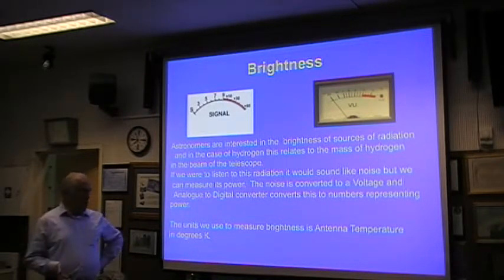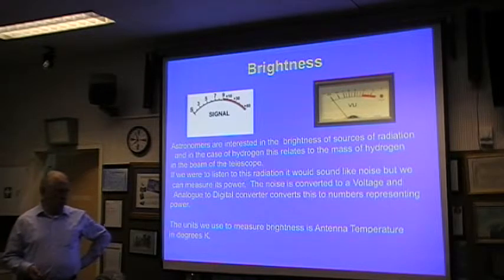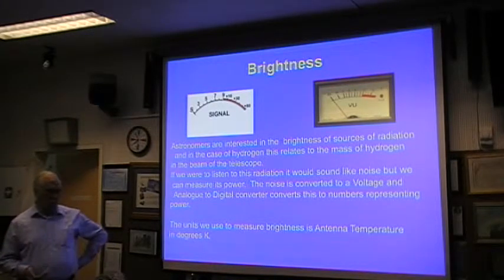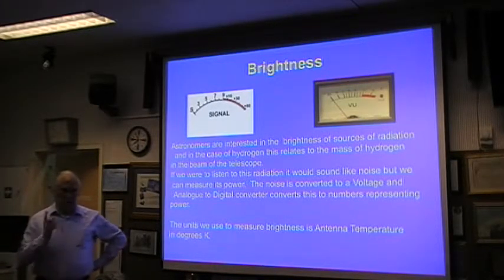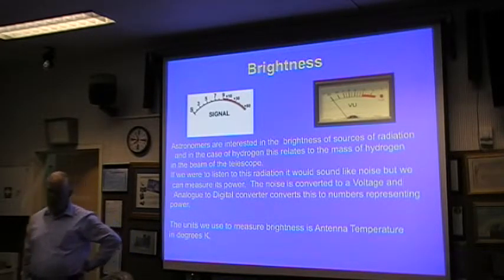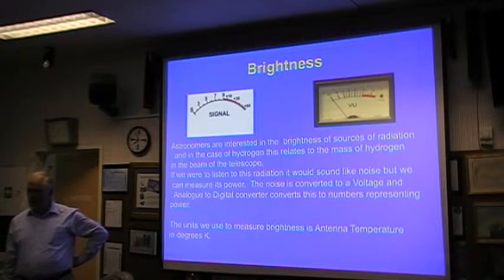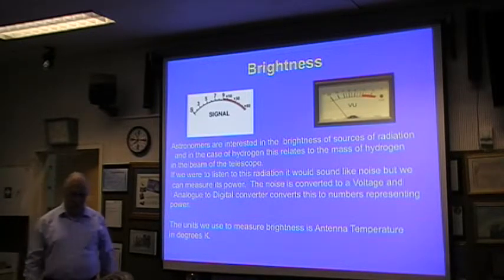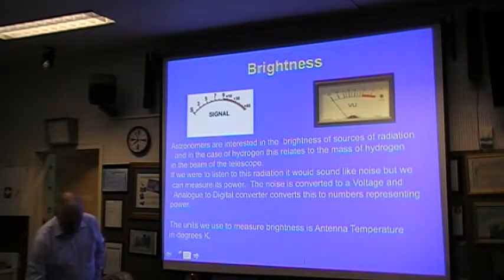As I mentioned, my system temperature is about 48 Kelvin, and when you point it at the cold sky, you don't see any more than 48 Kelvin, but when something that's brighter on the frequency you're looking at hoves into view, the temperature goes up. So that's why we use antenna temperature as a unit.